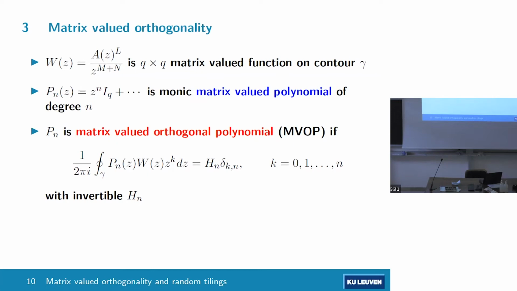So these polynomials may not exist. So with the weight coming from this model, the polynomial of degree capital N will exist. That's what you're asking?